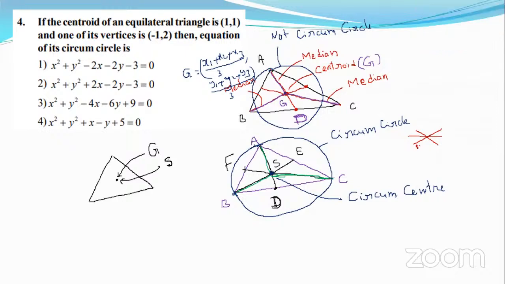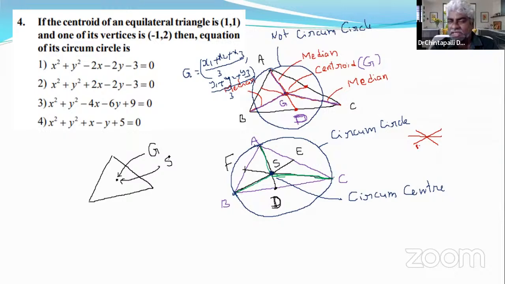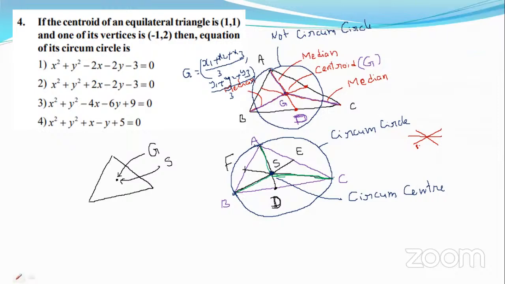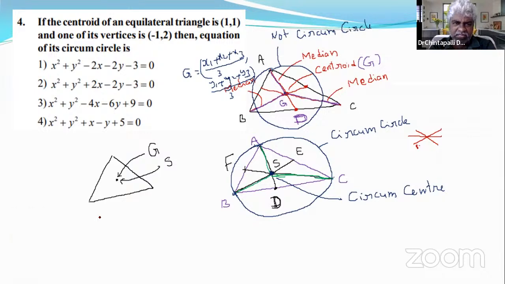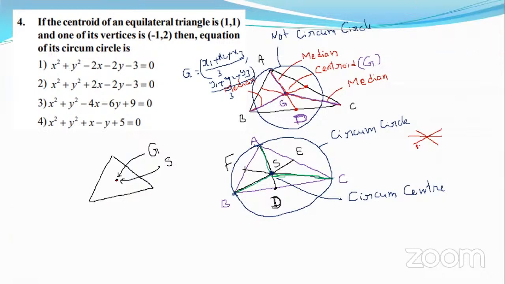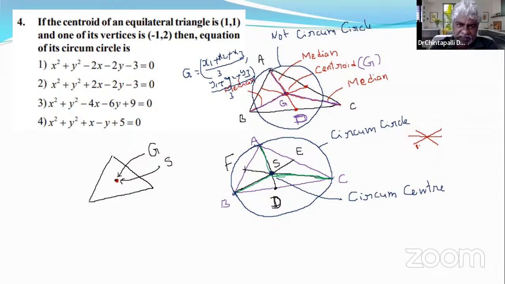Circumcenter and centroid, of course, are also the incenter and the center of the nine-point circle. Very interesting concept. It happens sometimes, in some cases, that the centroid and circumcenter are the same center.